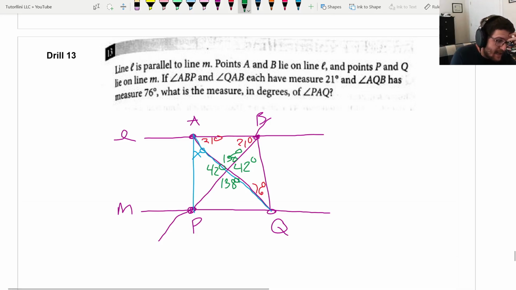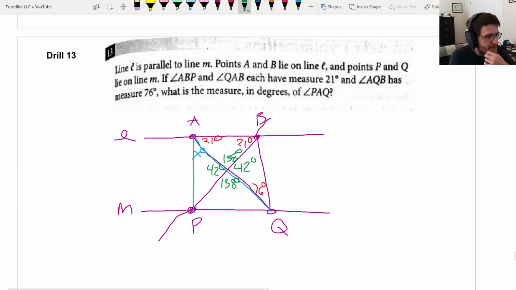And I want to say this one is also isosceles. I'm not sure what grounds I have to say that. Let me see. No, it's not. But this one, I definitely think this one goes over here.